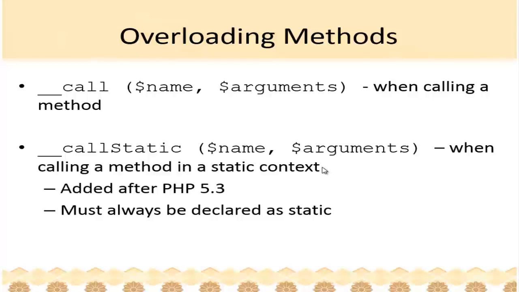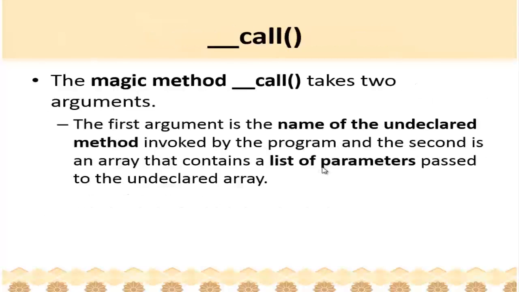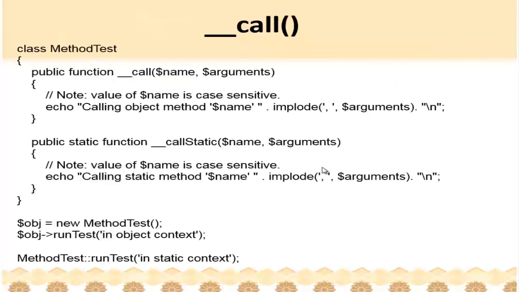If you want to add it to the objects, then you use __call. Now, __call is a magic method. The first argument is the name of the method, and the second argument is the list of parameters that are supplied to it.